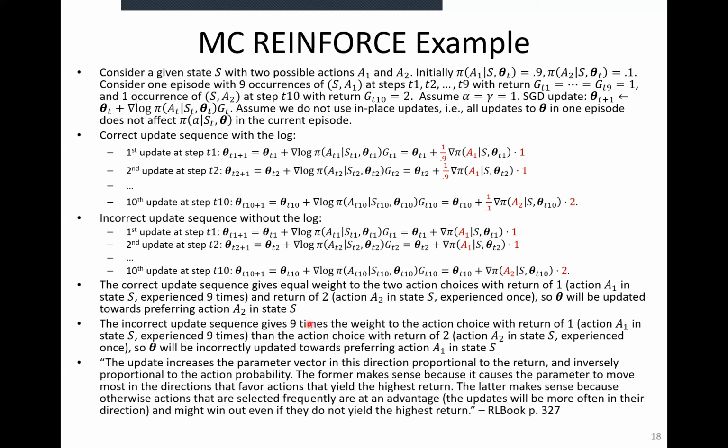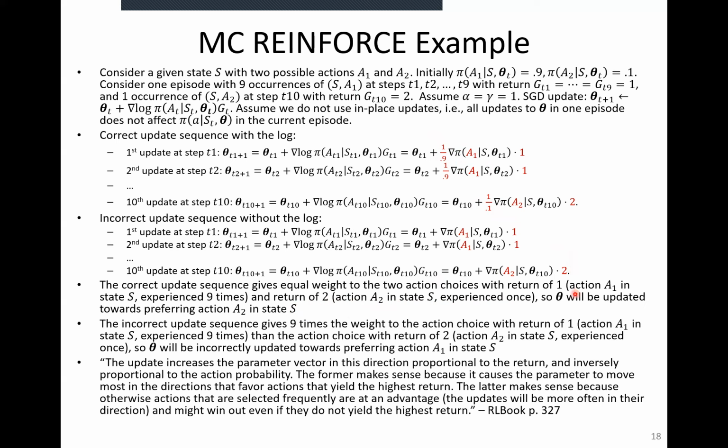The correct update sequence gives equal weight to the two action choices: return of 1 with action A1 in state S experienced 9 times, and return of 2 with action A2 in state S experienced once. If you add up the weights, 1 over 0.9 times 9 is equal to 10, which is equal to 1 over 0.1.